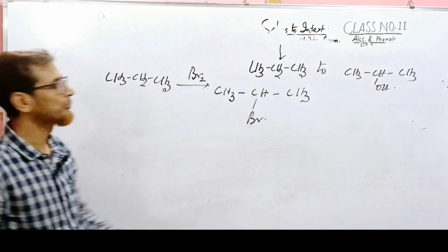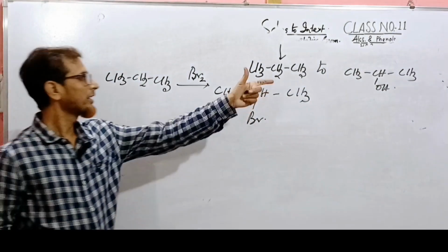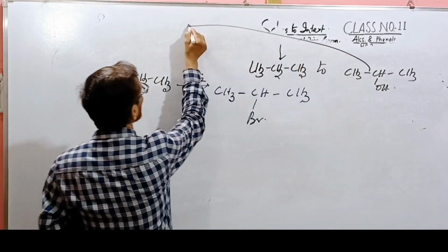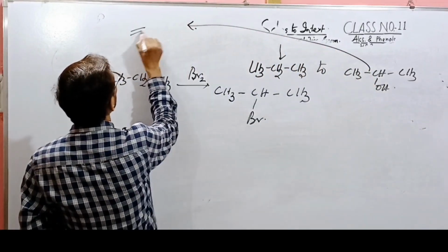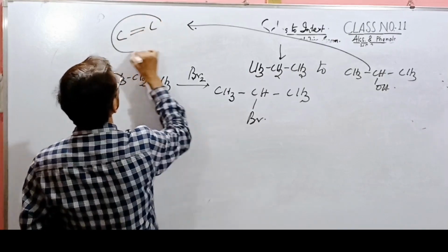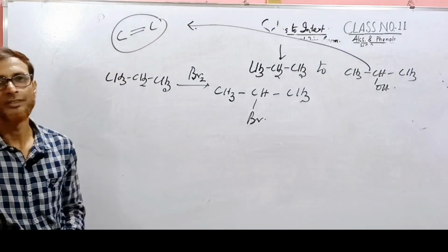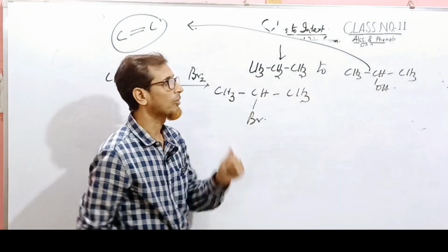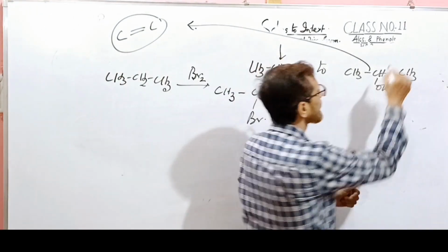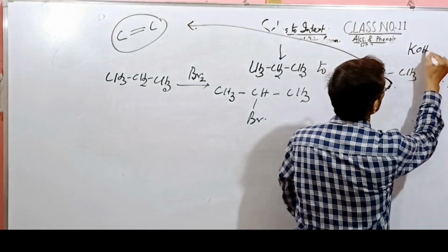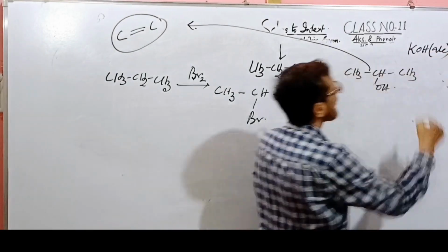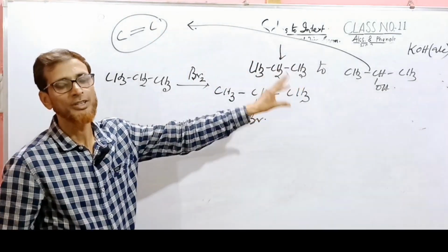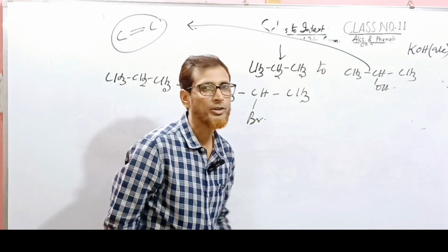A bit earlier I told you that to get alcohol, by any means we need an alkene. Also, when you use potassium hydroxide in alcoholic medium, an elimination reaction occurs, meaning a double bond or triple bond is the result.